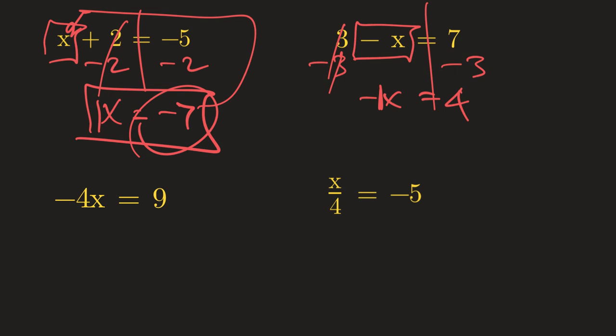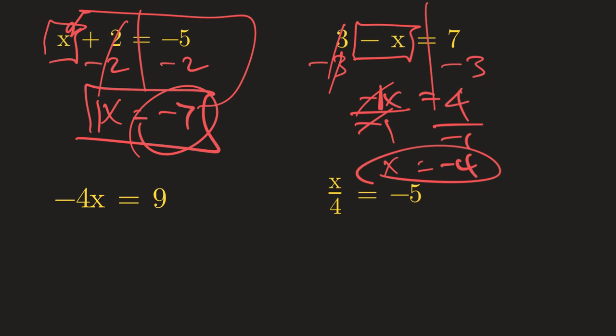Division. We would technically need to divide by negative 1 now. Negative divided by a negative is a positive. There's my positive 1x that I need. 4 divided by negative 1 is negative 4. So a little bit of an additional step there, okay?